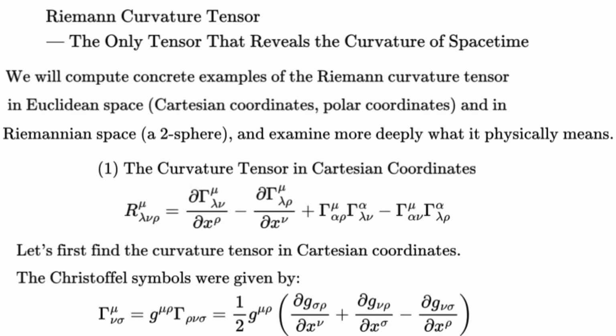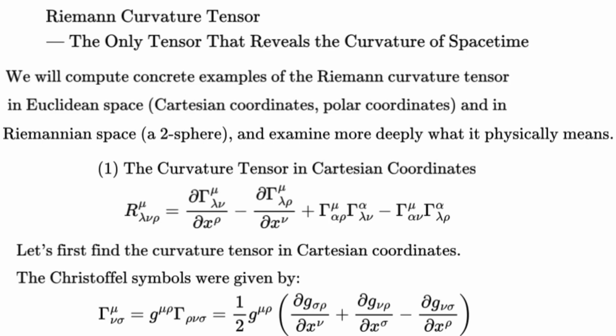Riemann curvature tensor: the only tensor that reveals the curvature of spacetime. We will compute concrete examples of the Riemann curvature tensor in Euclidean space, Cartesian coordinates, polar coordinates, and in Riemannian space, a two-sphere, and examine more deeply what it physically means.